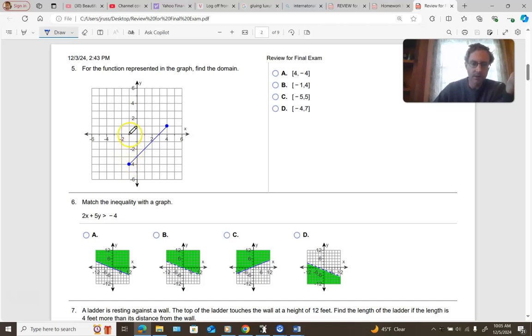That x-coordinate is -1, so that's where it starts. It stops up here, and that x-coordinate is 4. So the domain is from -1 to 4, but it's inclusive because these points are filled in. So that means -1 and +4 are included. Okay, so it's got to be choice B.